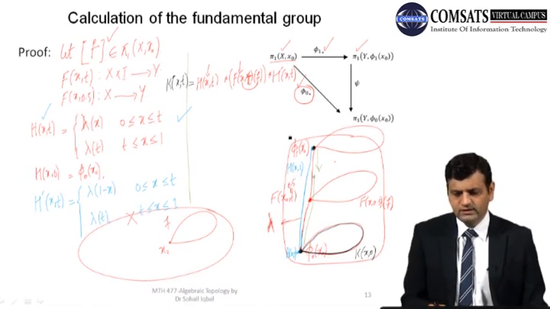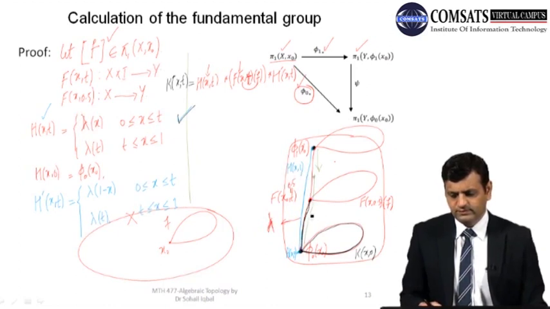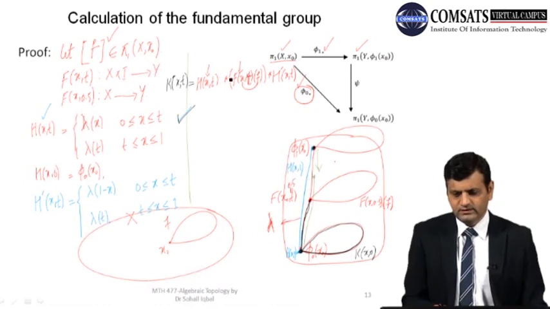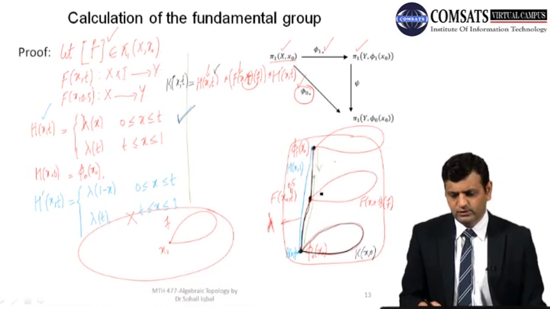As t increases, when t is equal to 0.5, we have reached a point somewhere over there. So in h prime of x, t, when t is equal to 0.5, we are coming from the other way and we have reached this part, and we are also composing it, so basically we are getting a loop.